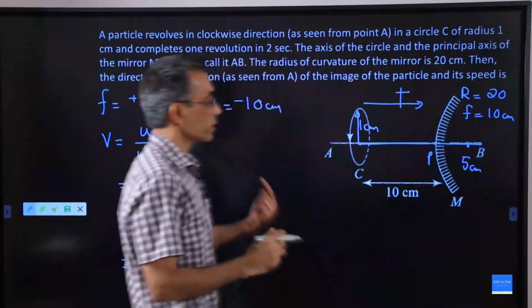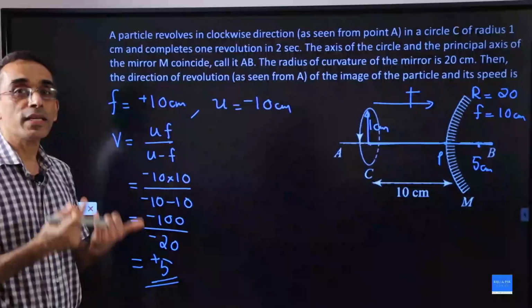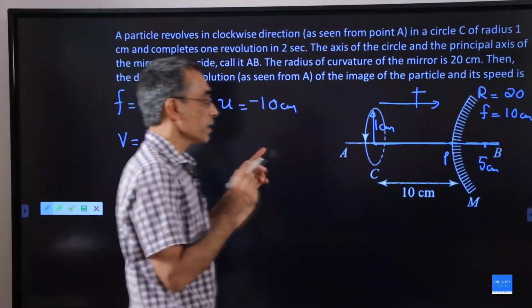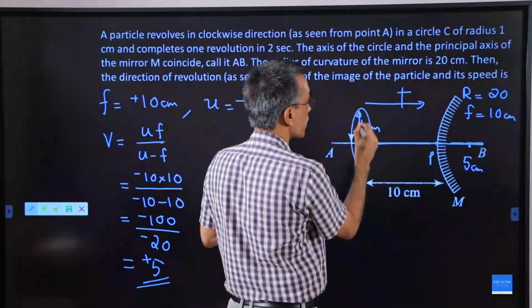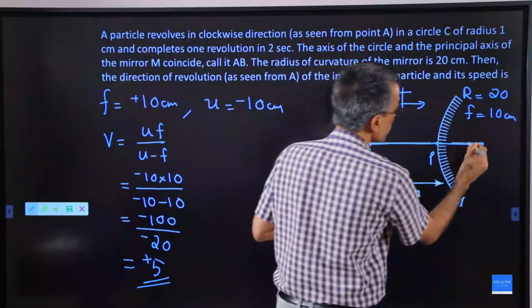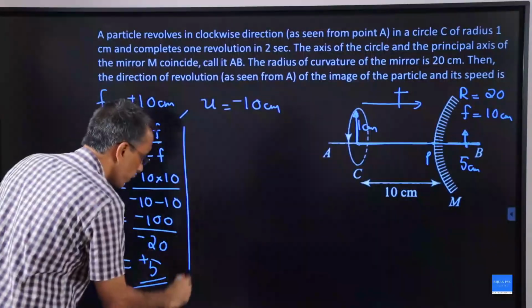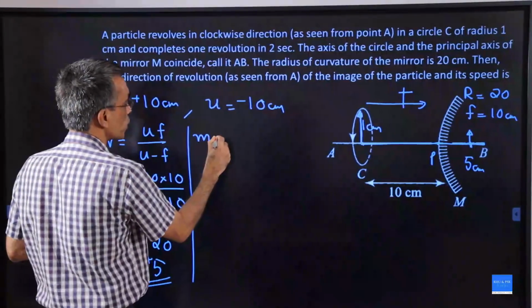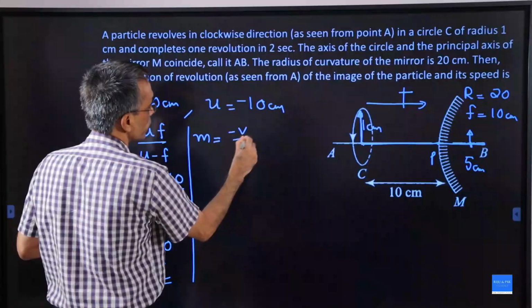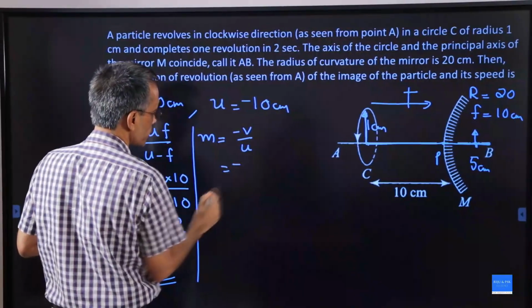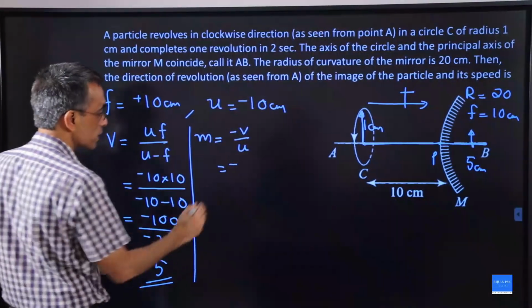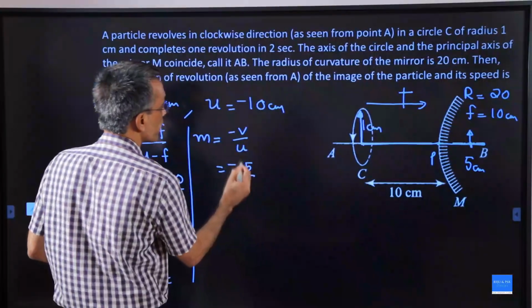And we know that the image produced is always erect. Erect in the sense, suppose the object is kept vertical upward like this one, the image is also like that, but it is smaller in size. How small? For that we need to find magnification. Magnification of a mirror is given by minus V by U, and we have minus, what is V? V is plus 5 divided by what is U?